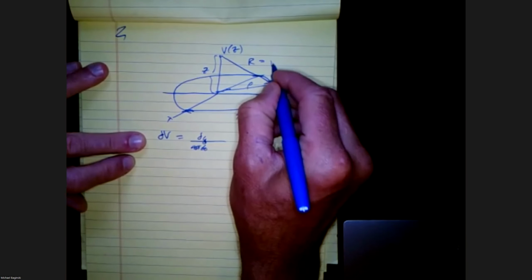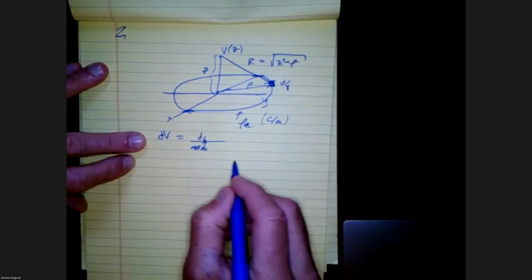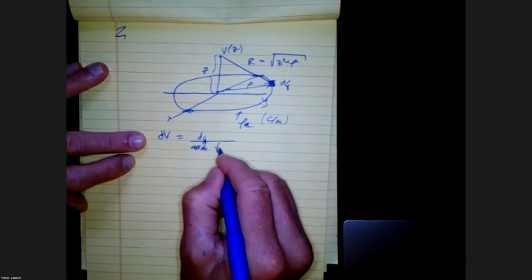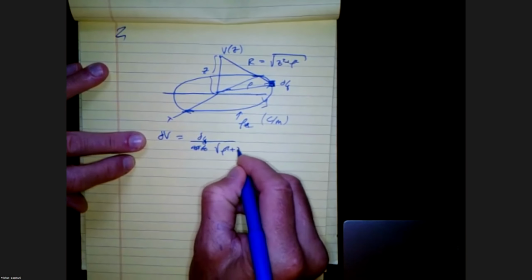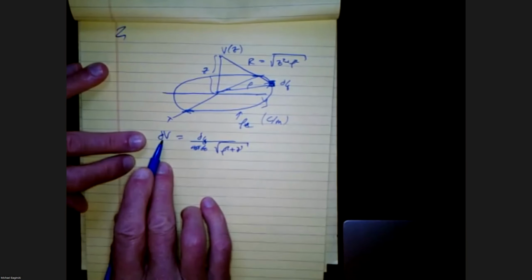R here is simply equal to the square root of Z squared plus rho squared. So it's going to be just the square root of rho squared plus Z squared. That's the differential voltage. Y'all with me, class?